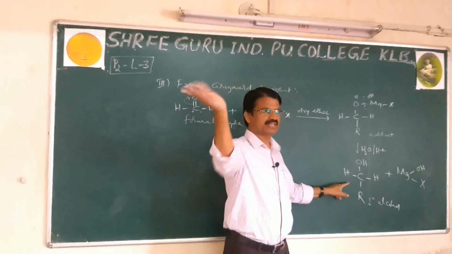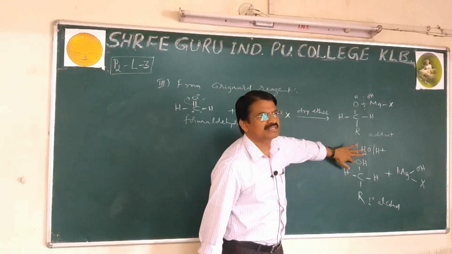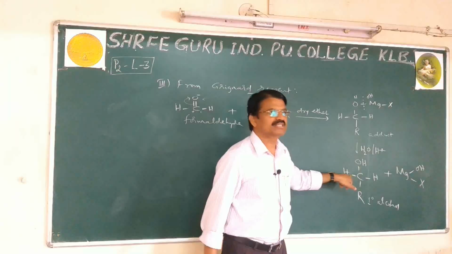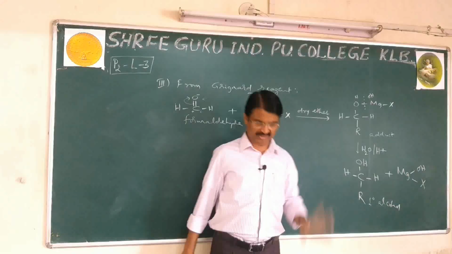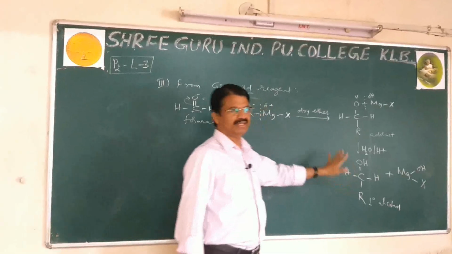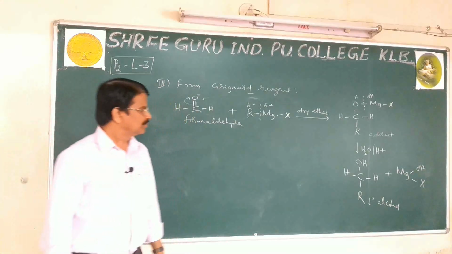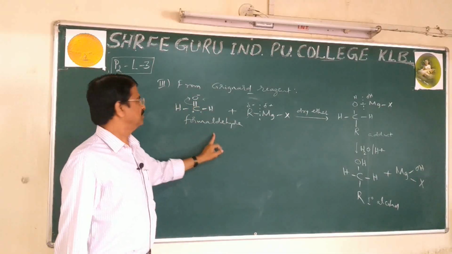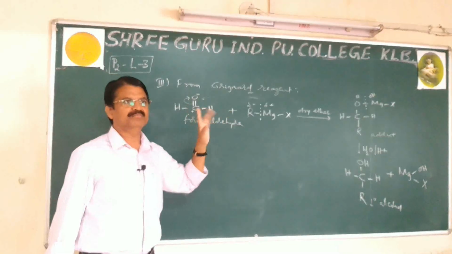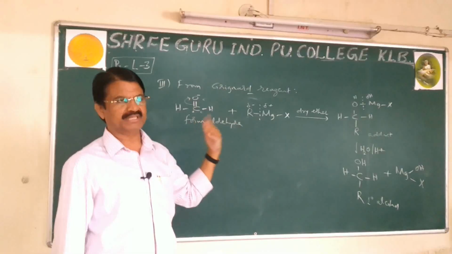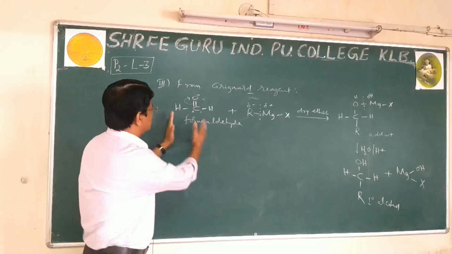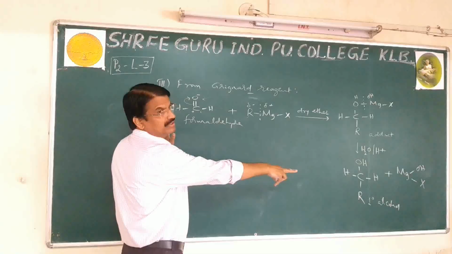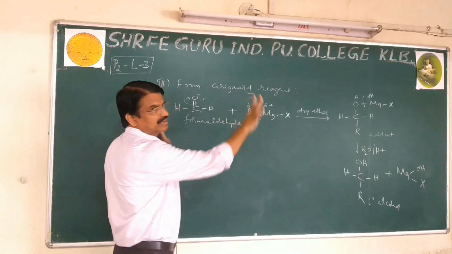In previous classes I told you, if the OH group is linked with a carbon having 2 H, it is called a primary alcohol. That's why this compound is said to be a primary alcohol. To prepare a primary alcohol from Grignard reagent, you compulsorily have to use formaldehyde, and we cannot use another compound to prepare a primary alcohol using Grignard reagent.